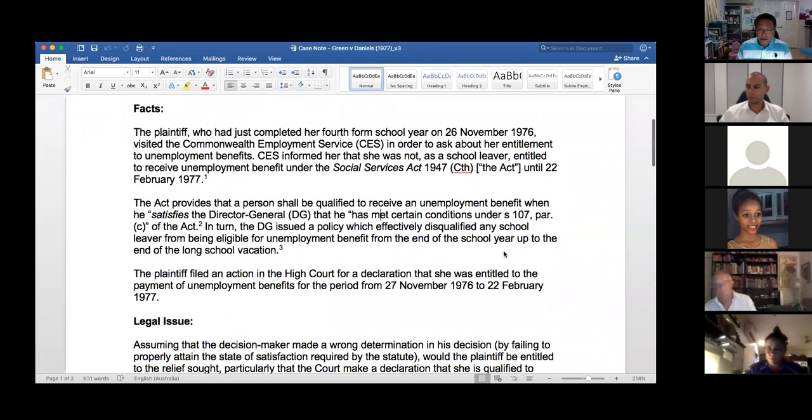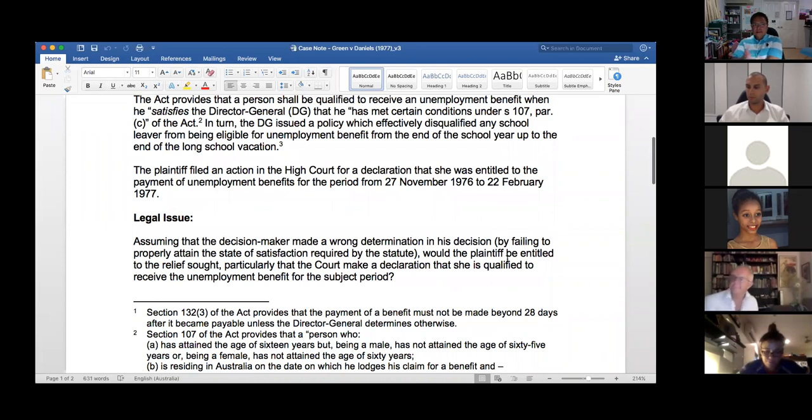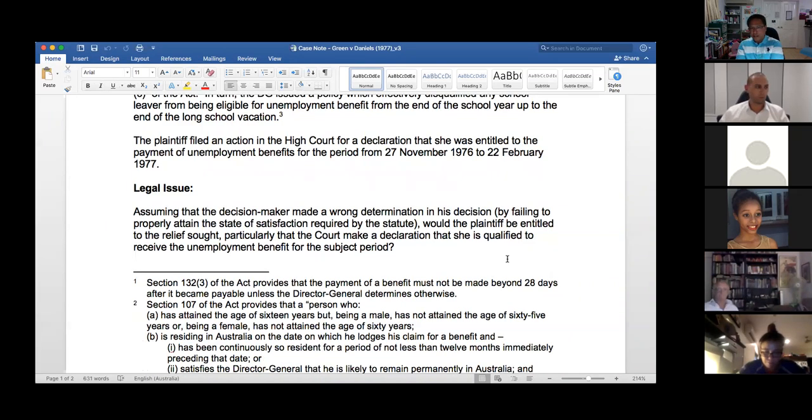In terms of identifying the legal issue, the basic question for us was that, assuming that the decision maker made a wrong determination in his decision, would the plaintiff be entitled to the relief sought? Particularly that the court make a declaration that she is qualified to receive the unemployment benefit for the subject period. So that is the legal issue there.